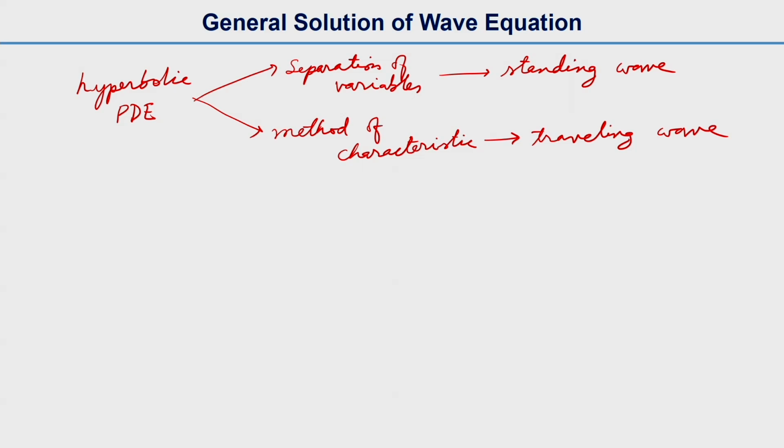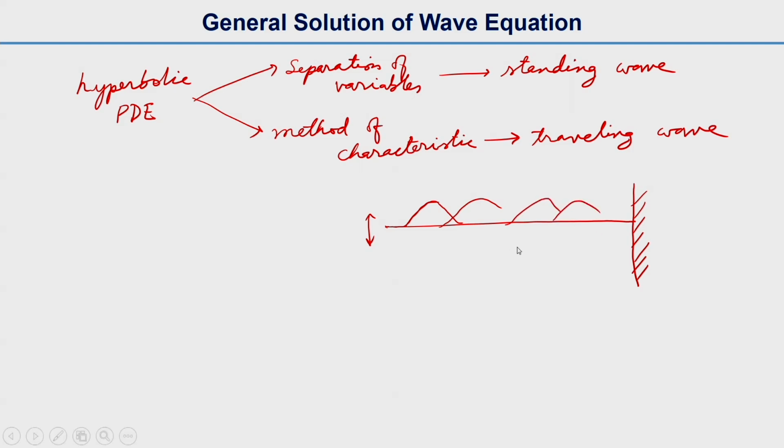Standing waves are a combination of two waves that move in opposite directions. Suppose we have a fixed wall and a string, and we move the string up and down, so the wave goes forward: first this portion rises, then this portion, then this portion.